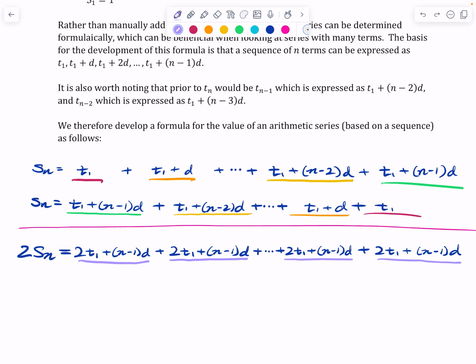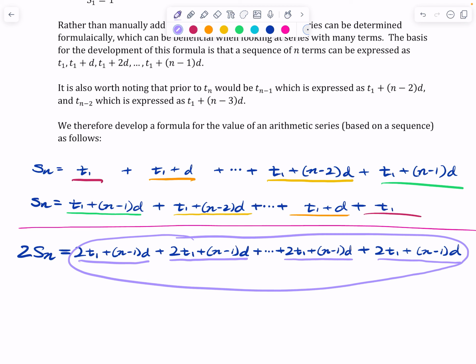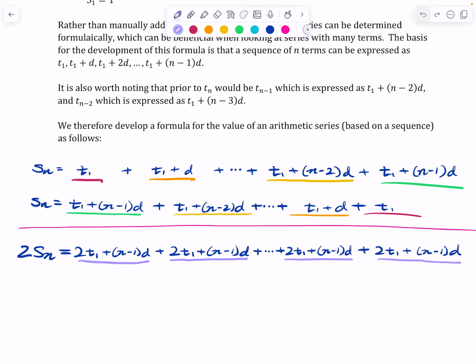A great question would be, how many of these are there? Well, remember, this is the first term, this was the second term, and then this was the second last term, and this is the last term, the last term's index being n. So there are n of these.